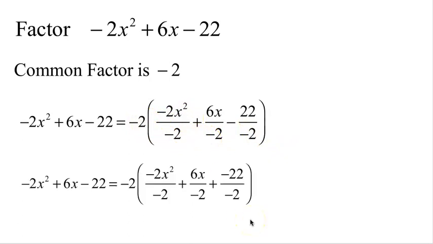What will our result be? I'm rewriting the minus 22 as plus negative 22. So negative 2x squared over negative 2, again x squared, 26x over negative 2, negative 13x, plus 11. So by extracting a negative 2, that's the result that we get, and that will be helpful for us in solving many types of problems.